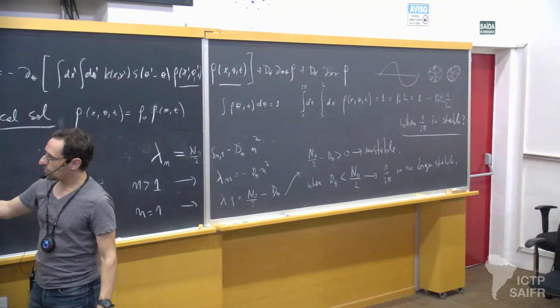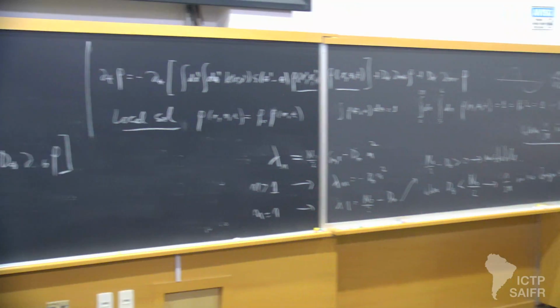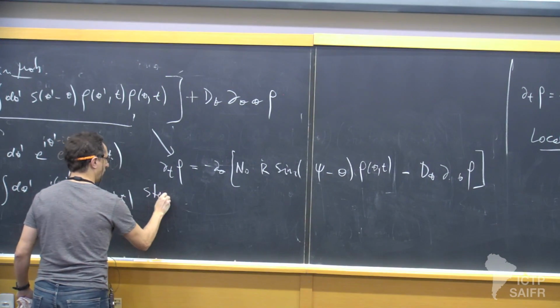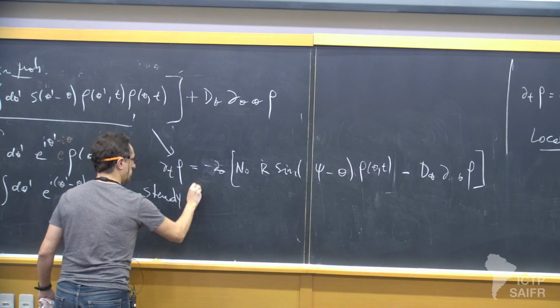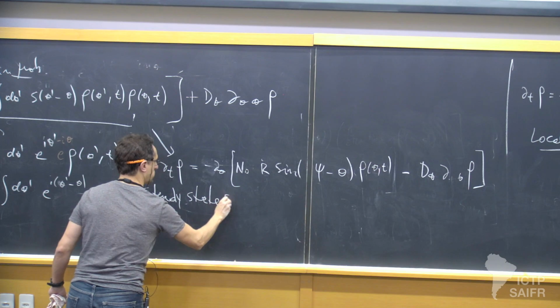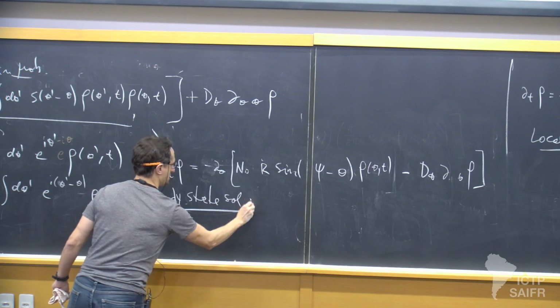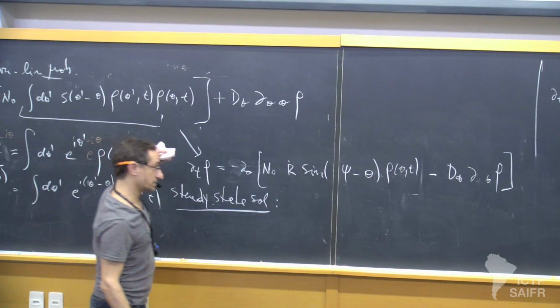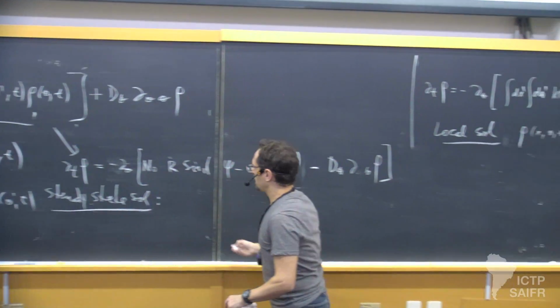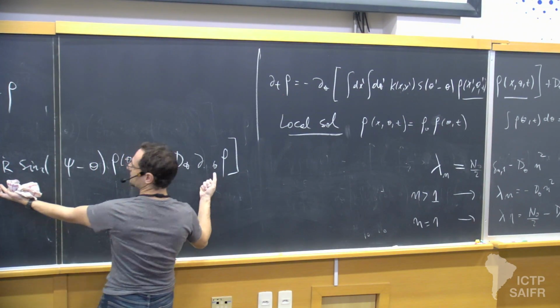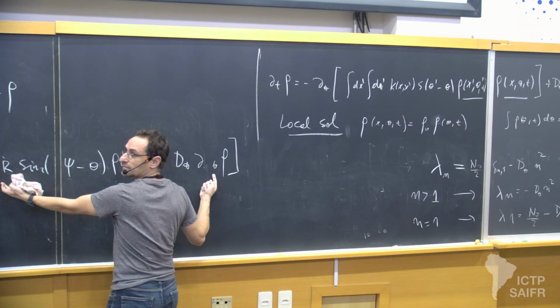So now, let's look for steady state solutions. Steady state solution means this is 0. And if this is 0, that means that this thing that is in here has to be a constant.